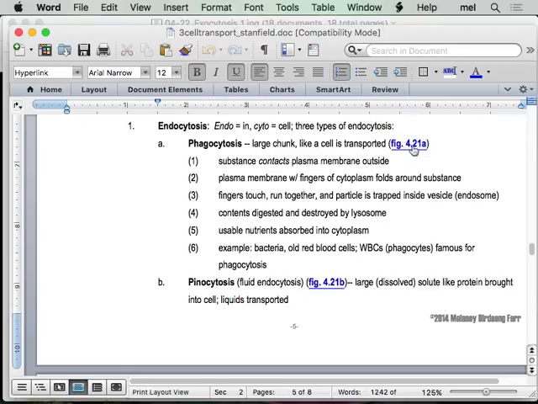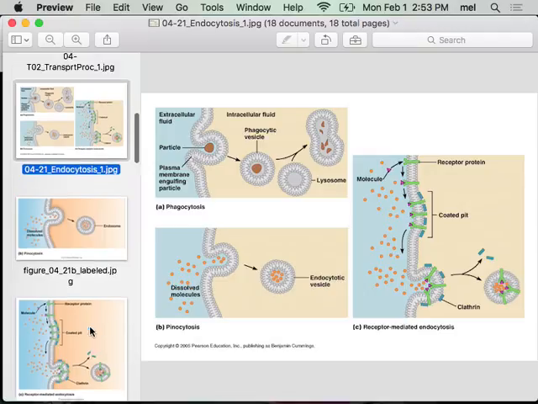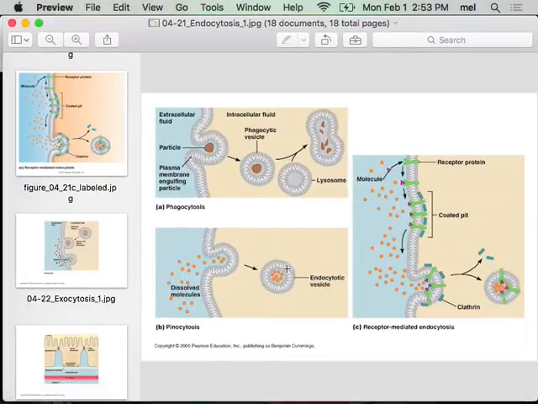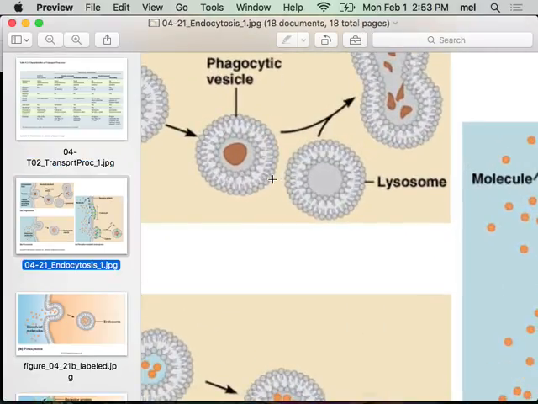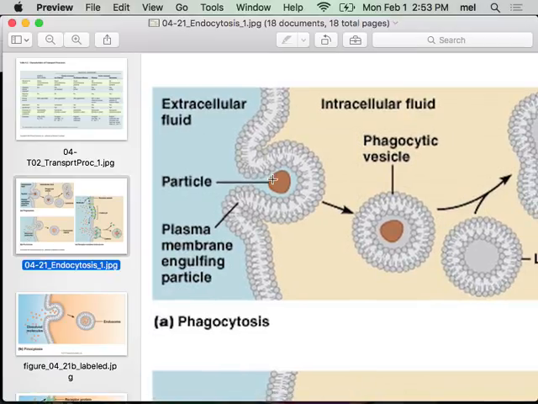So phagocytosis, you probably ran into this one. So I want you to imagine that this is my cell membrane, yeah? And this is a bacteria, some kind of coccus, because I'm round.